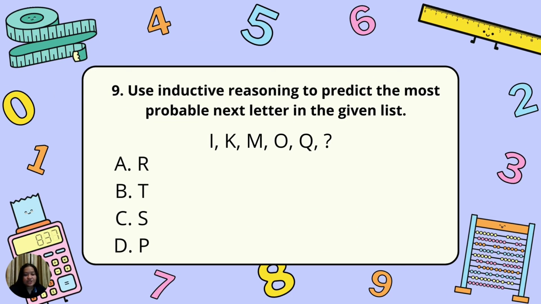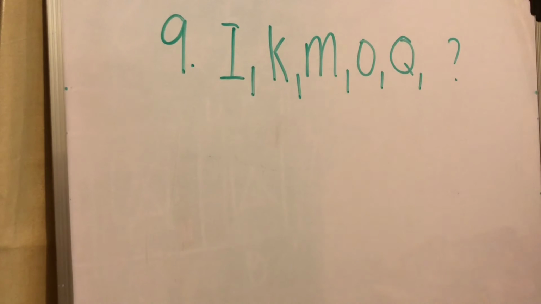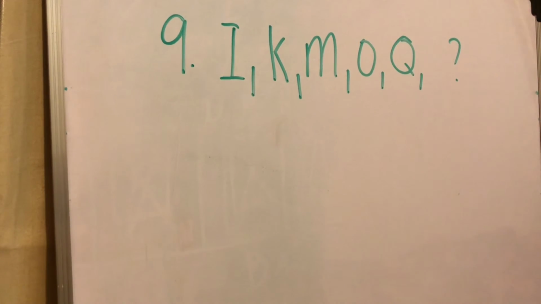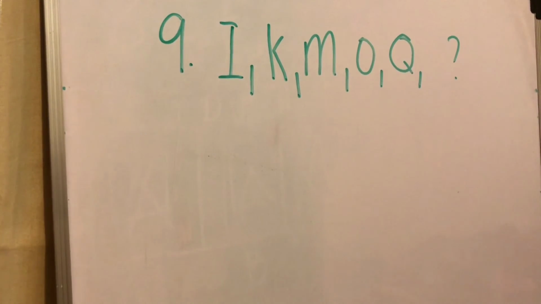Number 9, use inductive reasoning to predict the most probable next letter in the given list: I, K, M, O, Q. So we have here example number 9, the series of letters I, K, M, O, Q. Again, their difference is only one letter.